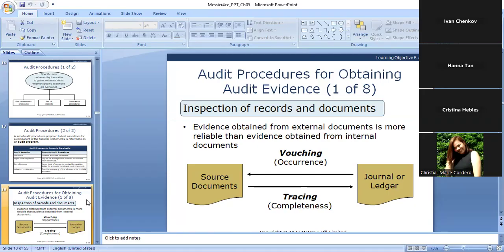So occurrence, you can confirm through vouching. Completeness, you can confirm by tracing. What does tracing mean? You're tracing the source document to the journal ledger. If you're going from the journal ledger back to the source document, that's called vouching.